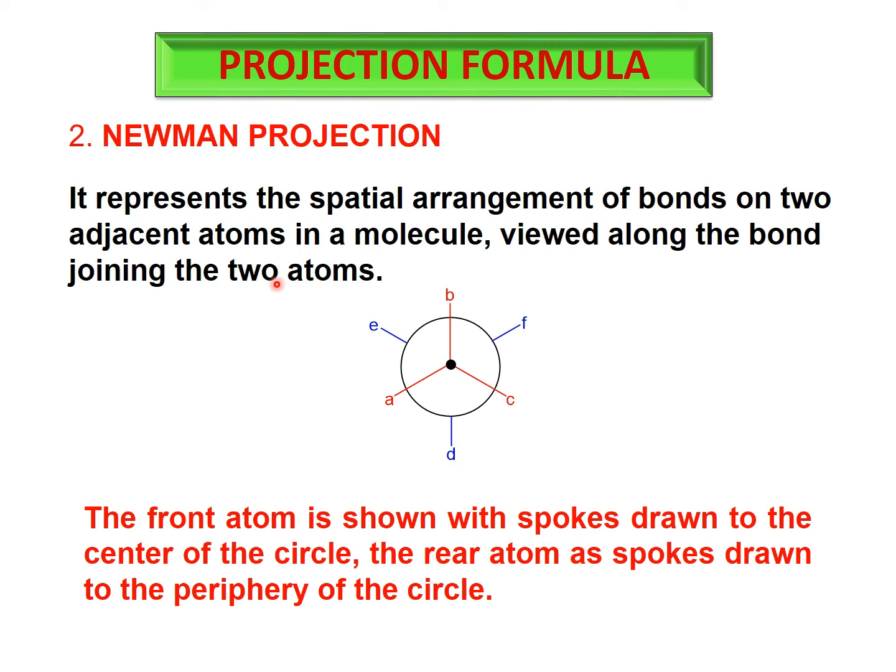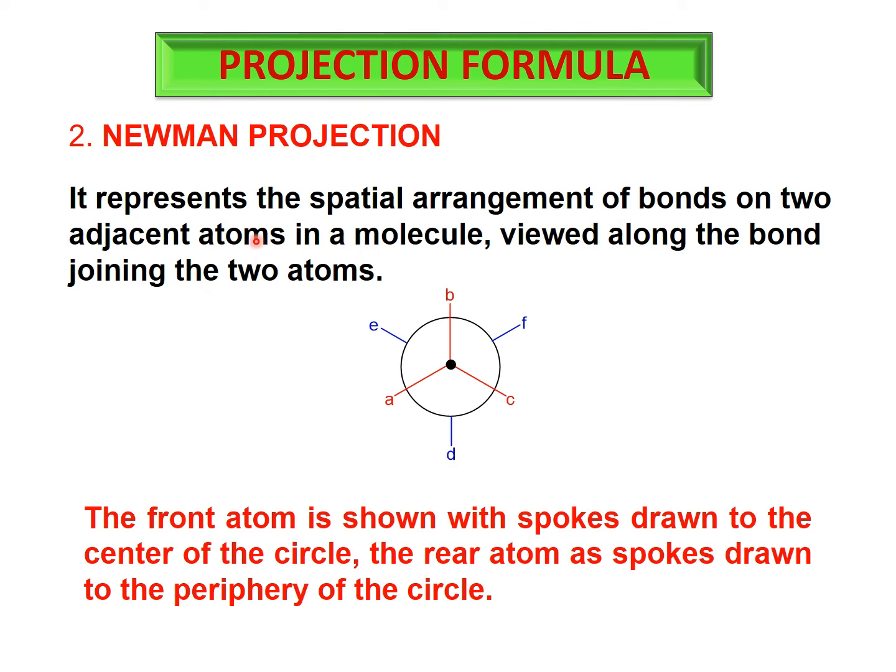So we have a dot right in the center of a circle. Now what does it mean? The dot is one of the carbon atoms, because you are considering two adjacent carbon atoms in this projection.